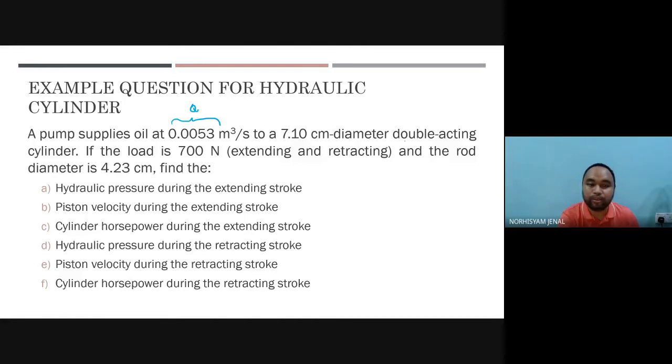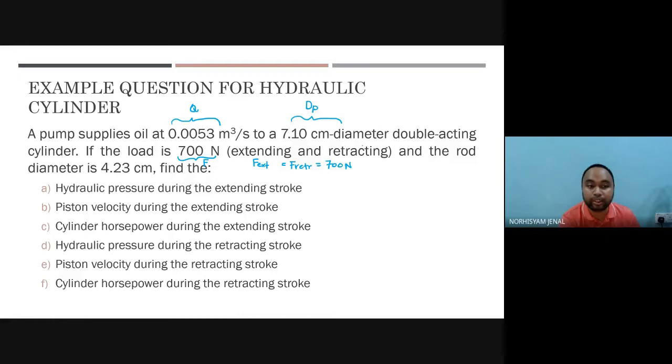A 7.1 centimeter double acting cylinder, so 7.1 cm diameter. This should be representing the diameter of the piston. If the load is 700 Newton, so F, extending and retracting, meaning F extend equals F retract equals 700 Newton.